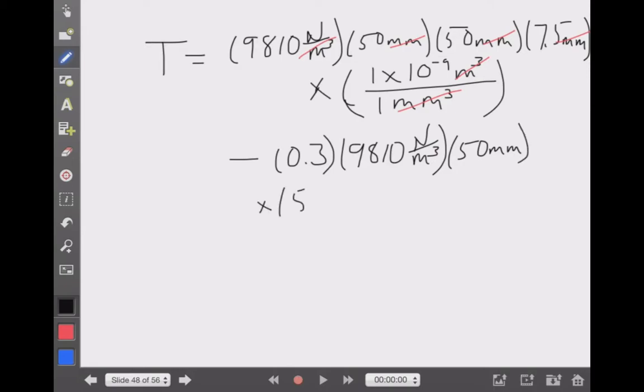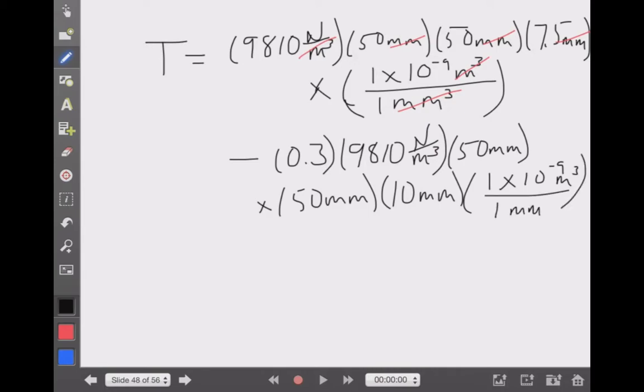This is going to be times 50 millimeters, 10 millimeters, and again our conversion factor to get rid of the millimeters cubed is going to be 1 times 10 to the minus 9th meter cubed over 1 millimeter cubed.